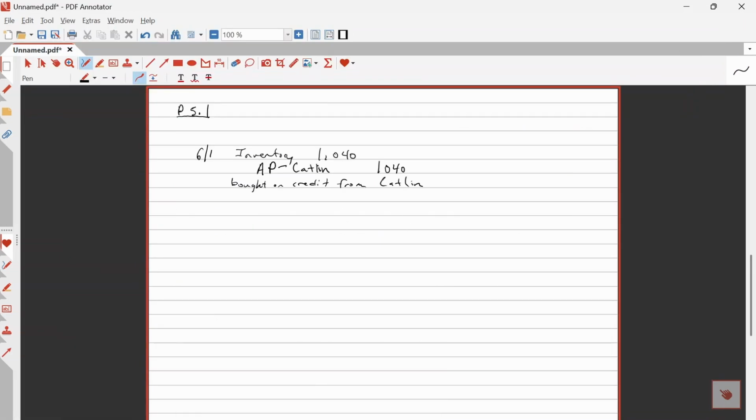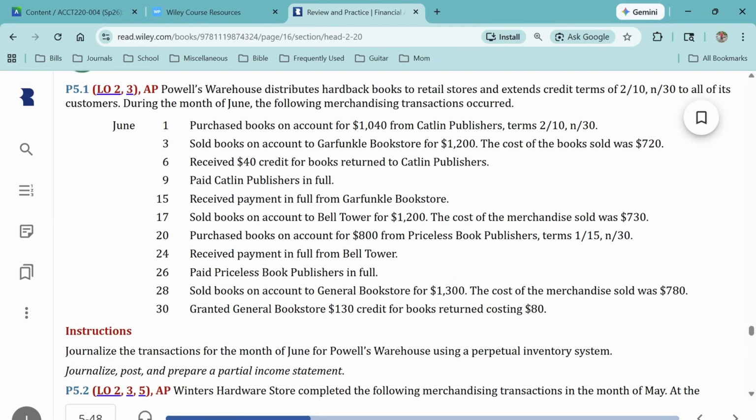So on June 3rd, we sold books on account to Garfunkel Bookstore for $1,200. Now our terms to them are up here. We extend credit terms of this to all of our customers.